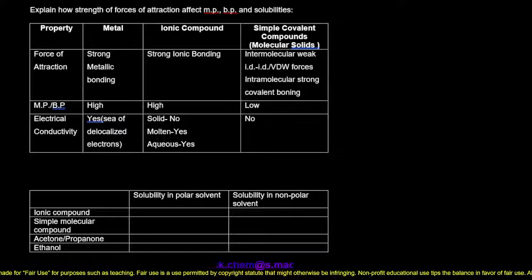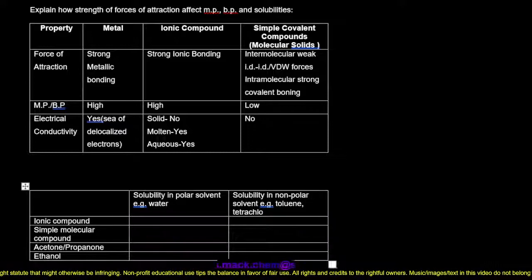I'm going to start by mentioning the name of at least one polar solvent and a non-polar solvent. So for example, our universal polar solvent is considered to be water, and a non-polar solvent could be toluene or even tetrachloromethane. These are both organic solvents.